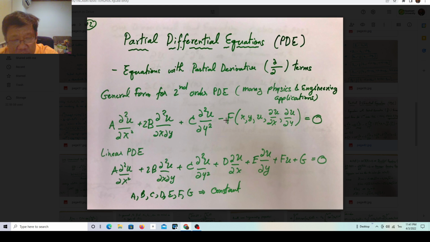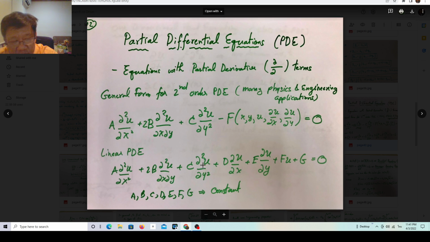And then minus another function, the capital F function, which relies on x, y, the function u itself, and the first order derivatives of u with respect to x and y. So you can write it in a general form, and we call this a linear partial differential equation if this capital F function is in this form.